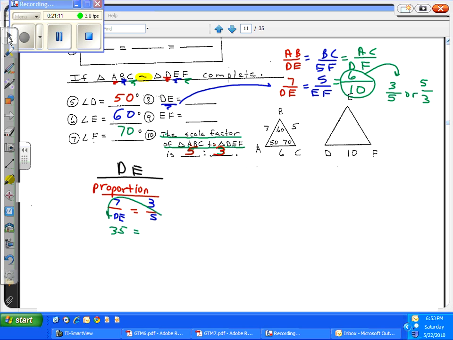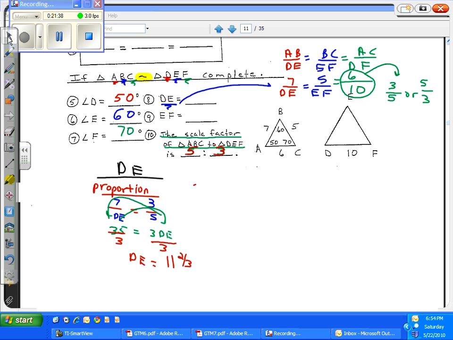To solve a proportion, we cross multiply. 5 times 7 is 35, is equal to DE times 3, which is 3DE. And now we're going to undo multiplication by division, and we get DE is equal to 11 and 2/3. 11 and 2/3.